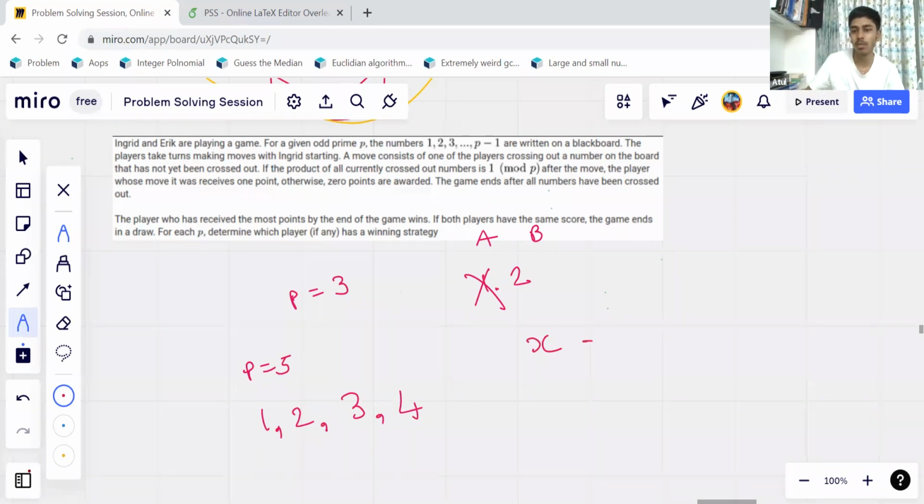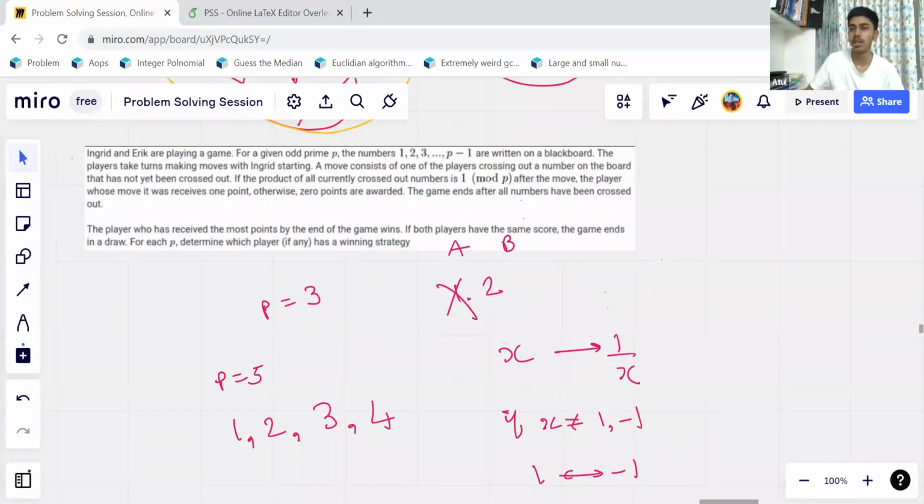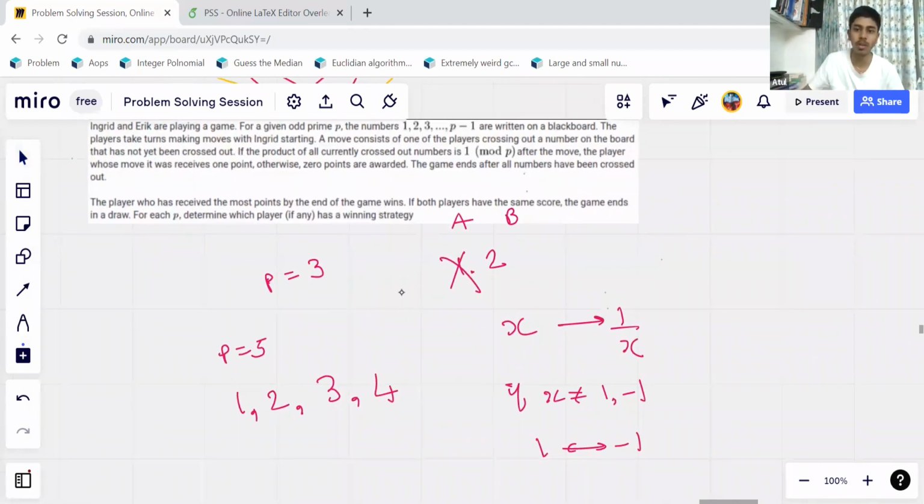You just pair X with 1 by X if X is not equal to 1 or -1, and you pair 1 with -1. So every time player A picks one of these, player B picks the other one. This way he always ensures that after his move, the product is equal to 1.